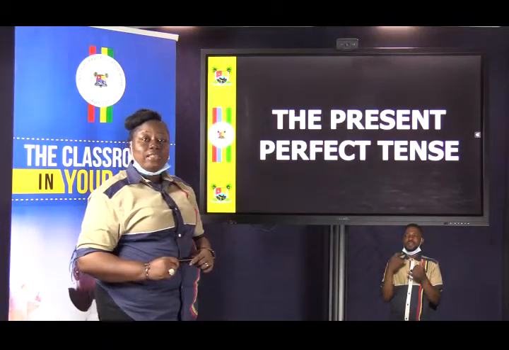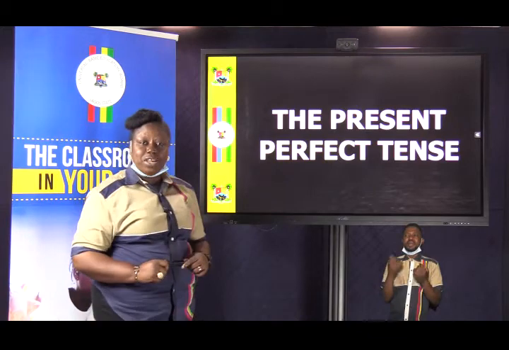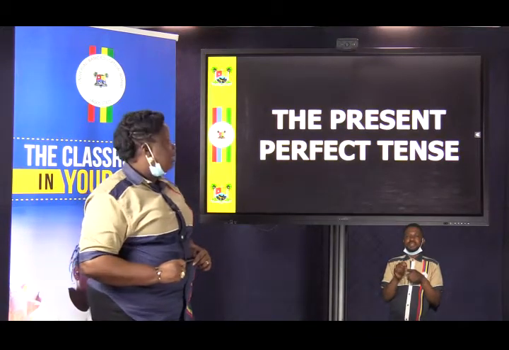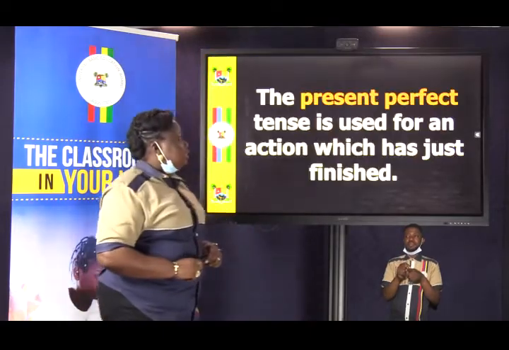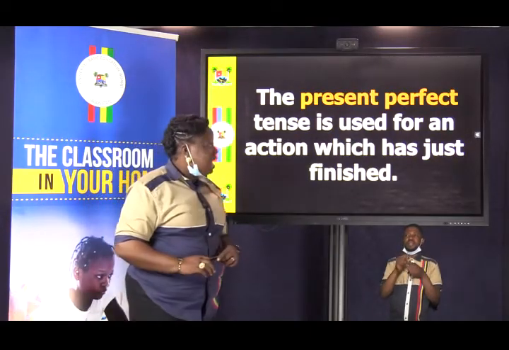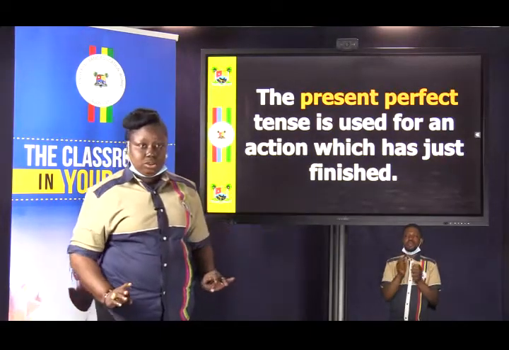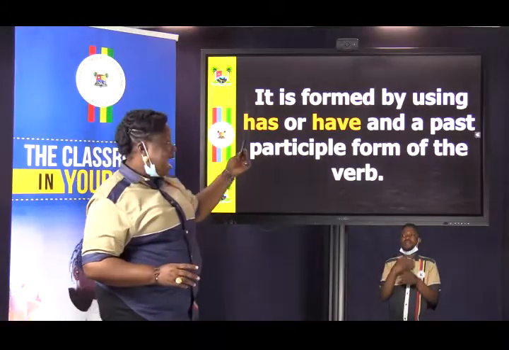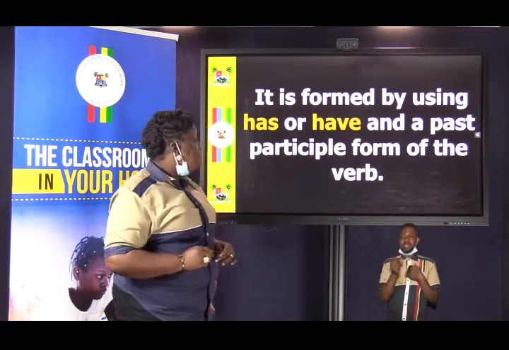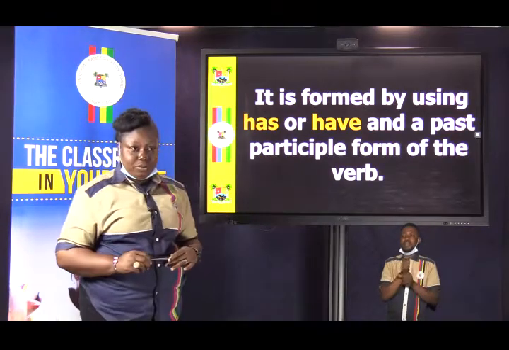Now, let's look at the present perfect tense. The present perfect tense is used for an action which has just finished. It is formed by using has or have and a past participle form of the verb.